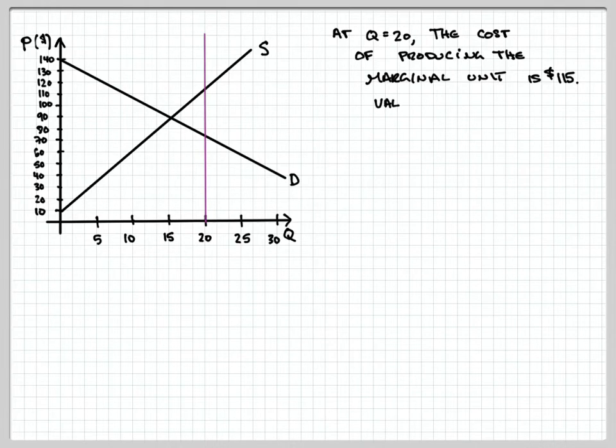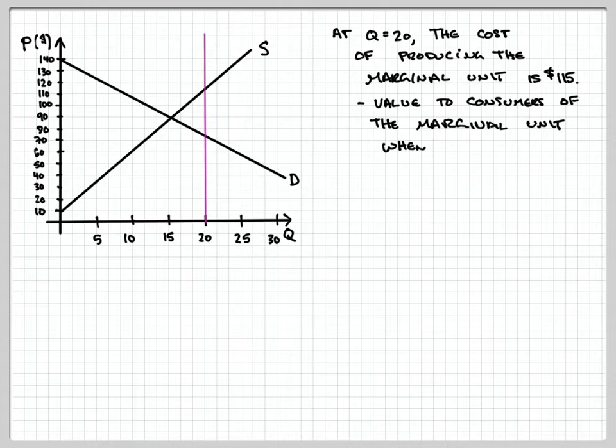The value to consumers of the marginal unit when Q equals 20 is approximately $75.